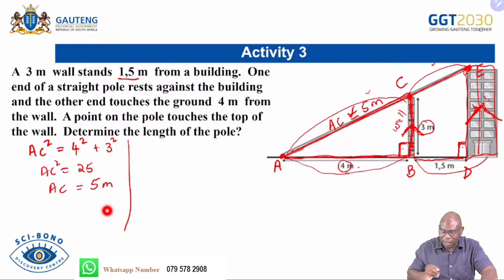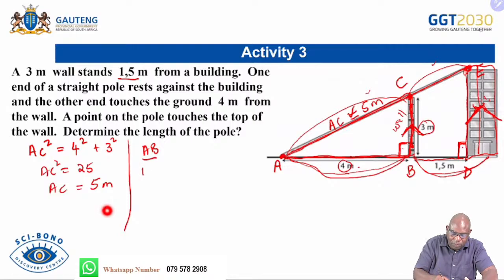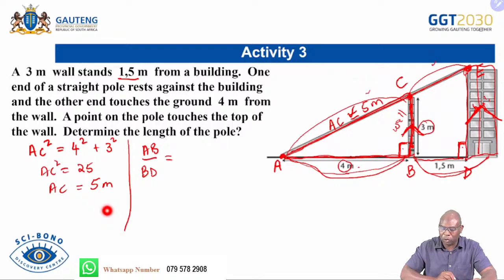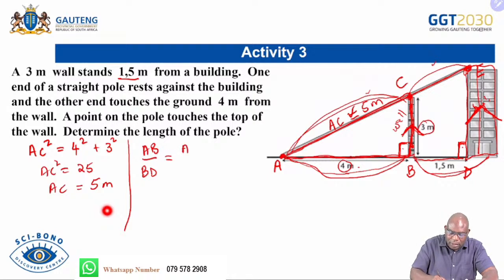So how am I going to do it? I'm going to say AB over BD, remember I'm starting with AB, over BD equals, and now I go to AC, remember I started with AB, so AC all over CE.